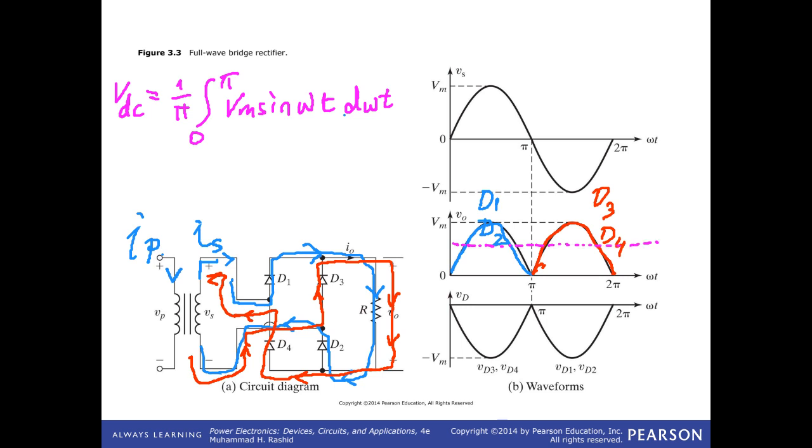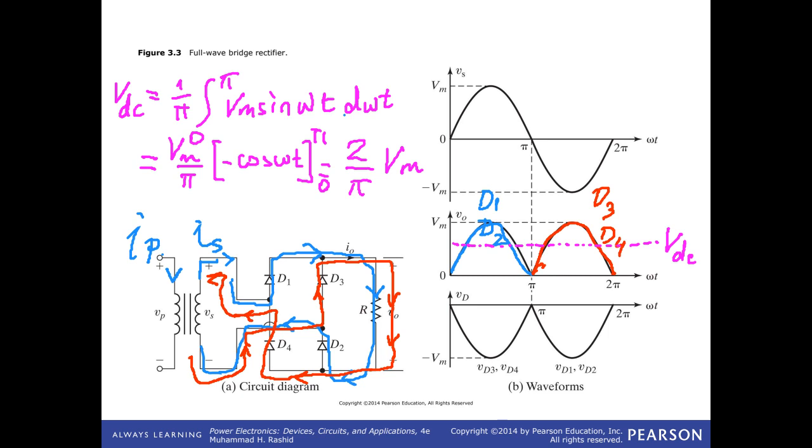This is VDC, DC value, which is equal to, again, same mathematics, Vm over pi minus cosine omega t from 0 to pi, which is equal to 2 over pi Vm, similar to the one we have. VDC.